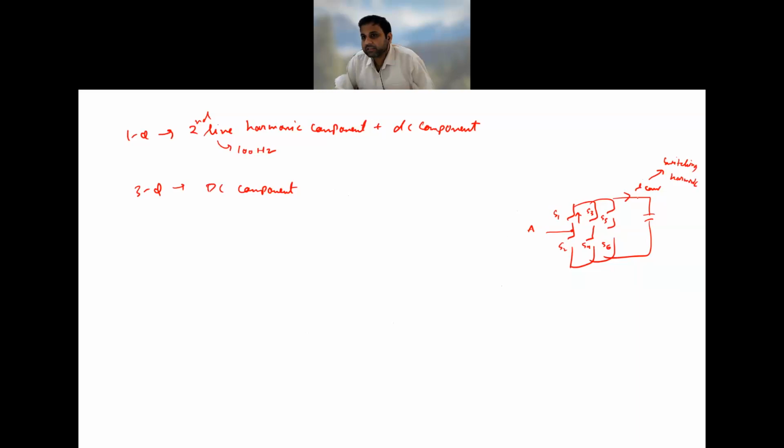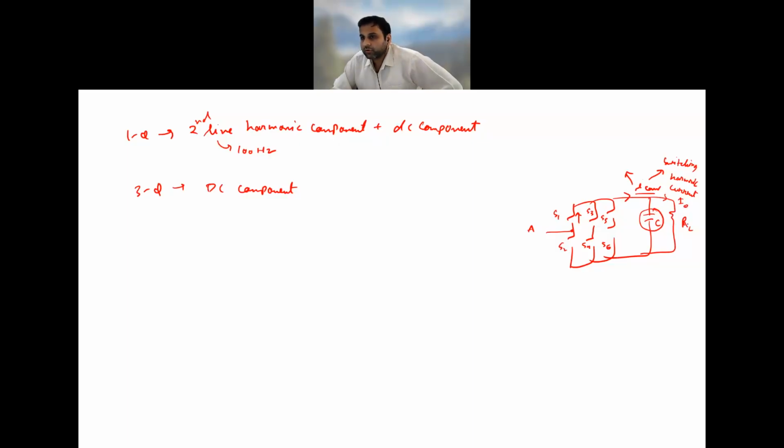So that is why this I converter current will have a switching harmonic current component, and that switching harmonic component of current has to be filtered out by this capacitor C before going into the load, such that the load will see only the average I naught current.